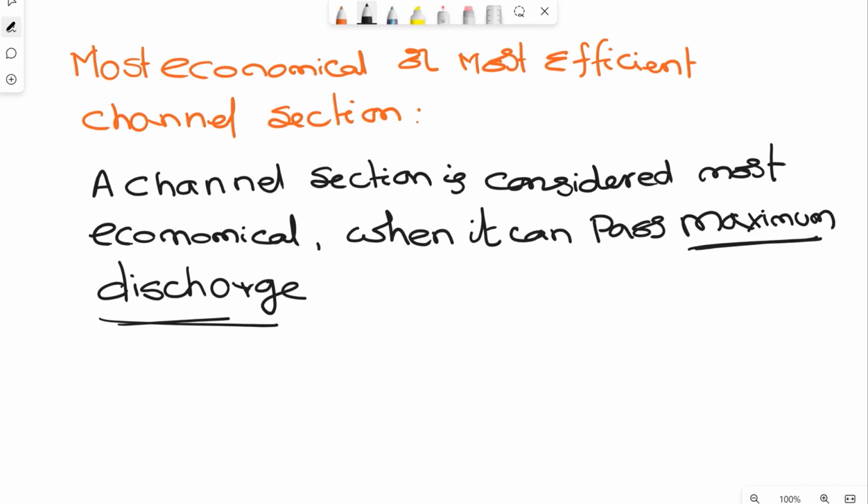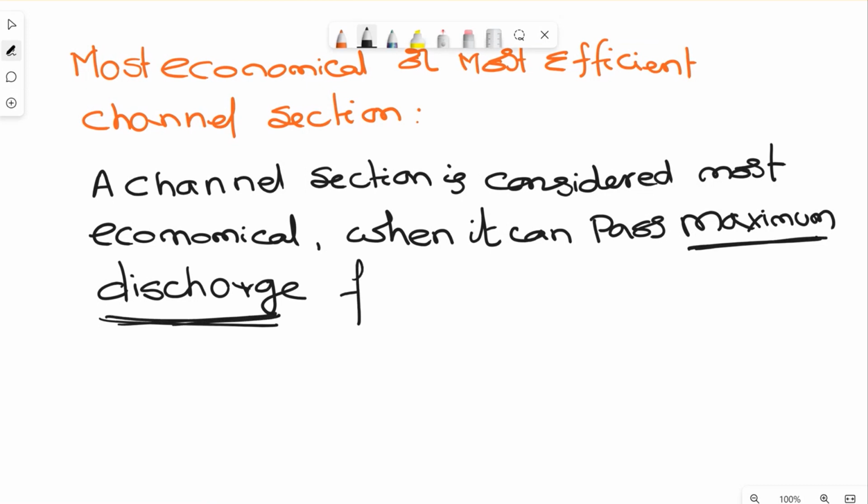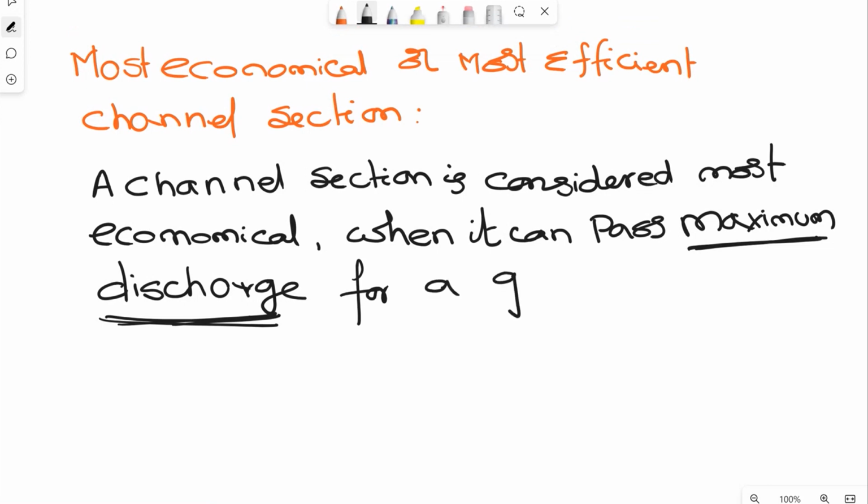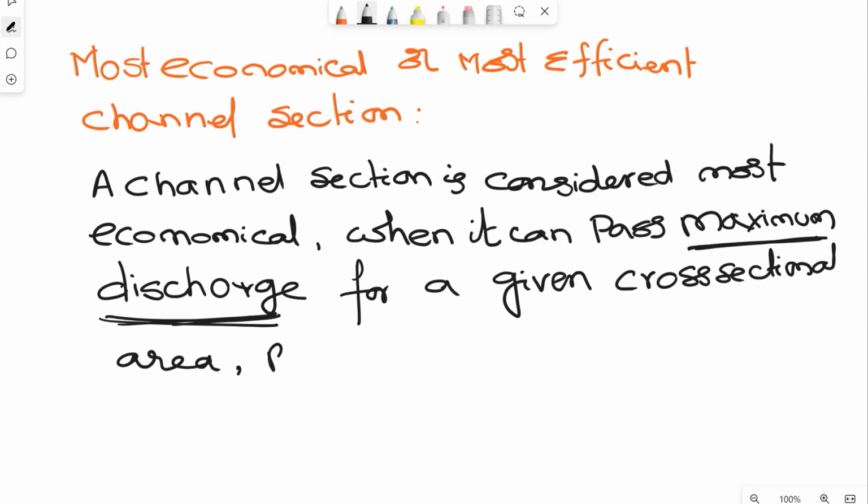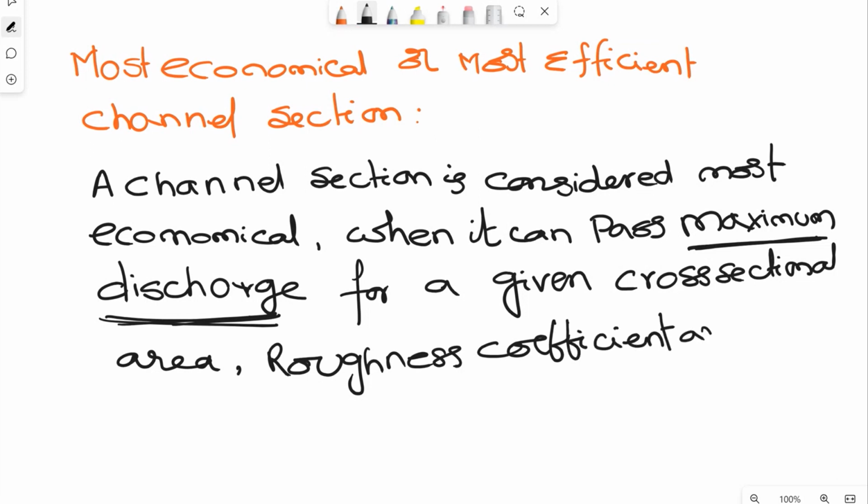This is the first condition you should remember. When it can pass maximum discharge for given conditions I mentioned: for a given cross-sectional area, next, roughness coefficient, which is nothing but the Manning's n, and the bed slope.